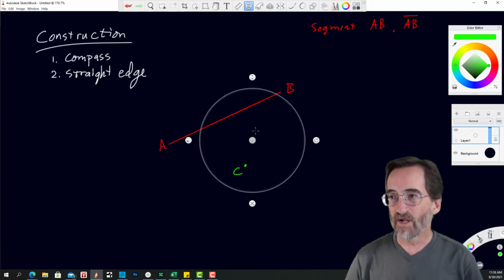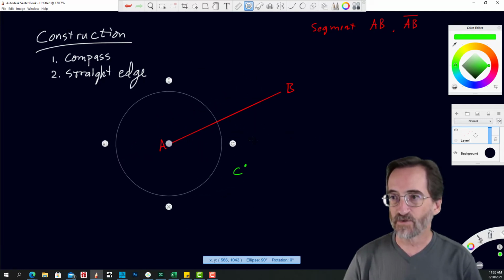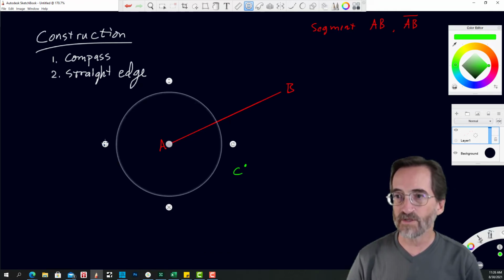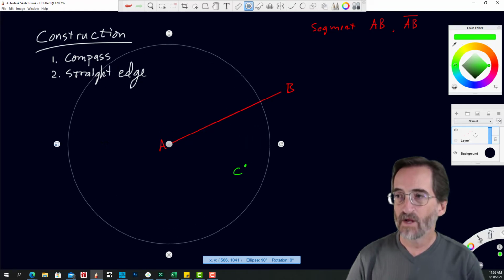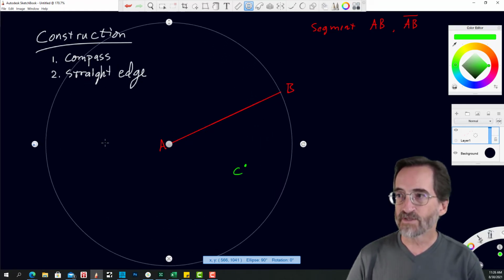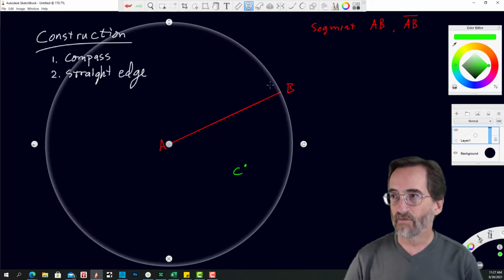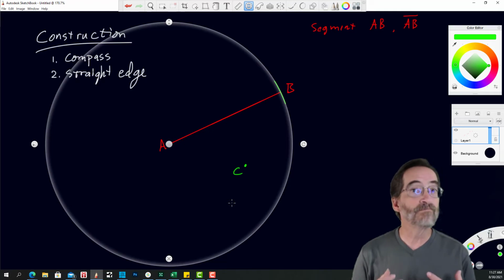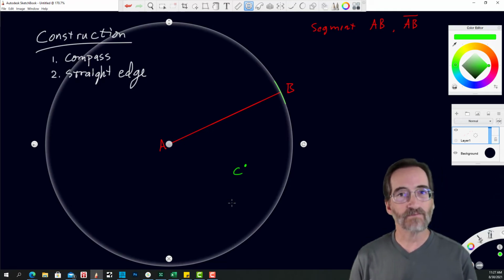I'm going to grab my compass, which is my circle drawing tool. I'm going to place the point of my compass on one of the endpoints, in this case A. Then I'm going to open my compass so that the pencil part is on B, and make a mark. If you haven't made a mark in construction, you haven't measured.